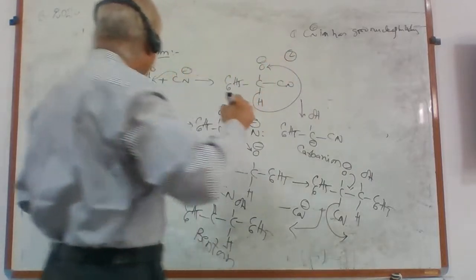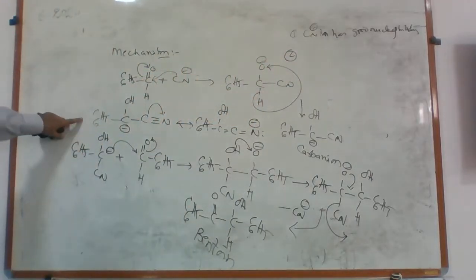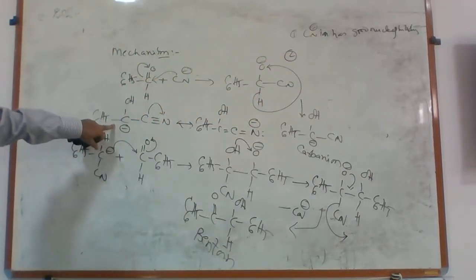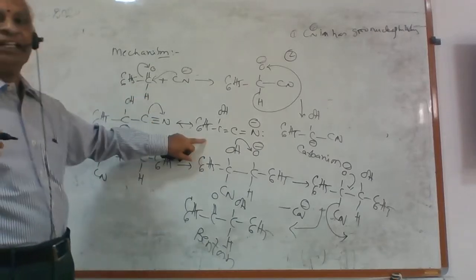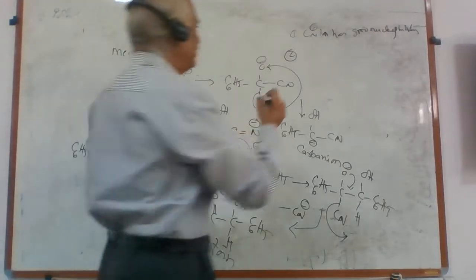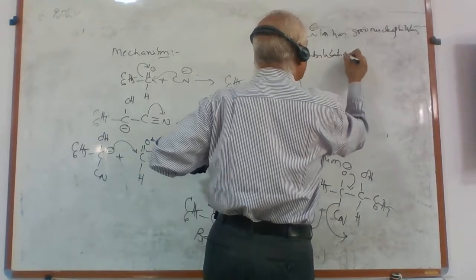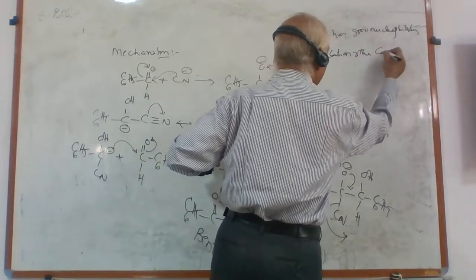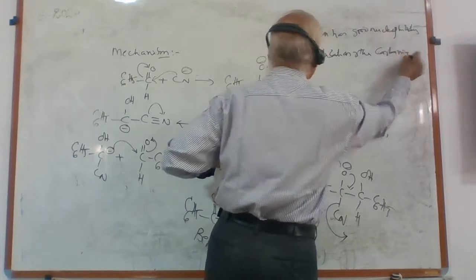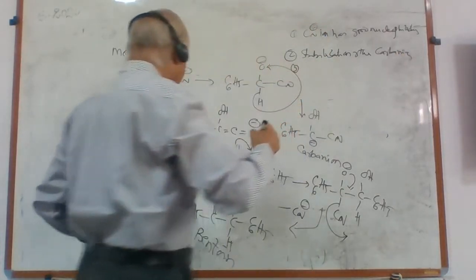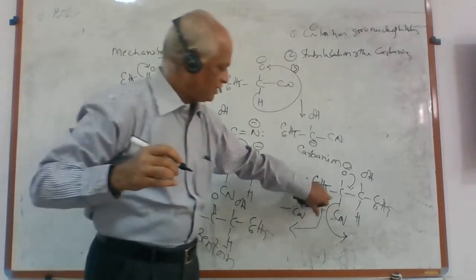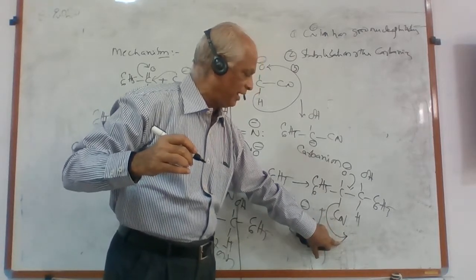Number two, already we have seen in the second step, you generated your carbanion, but this carbanion is resonance stabilized. Number two is stabilization of the carbanion. Number three is, in the last step we have seen, CN minus ion is departed.